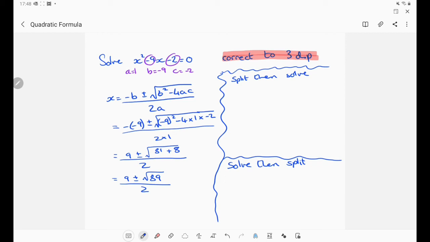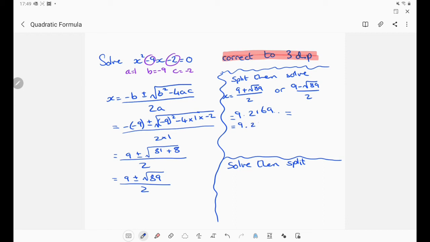So if you split then solve, we're going to have 9 plus root 89 over 2, or 9 take away root 89 over 2, which you would plug into your calculator and get your answer. The first one's answer is 9.2169... And remember, what you're going to do here is round to 3 decimal places, because that's what we were told in the question.